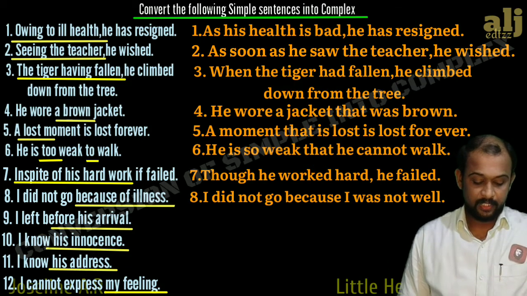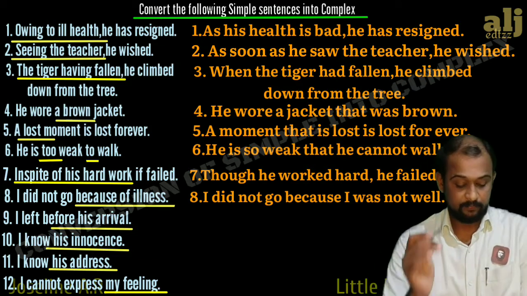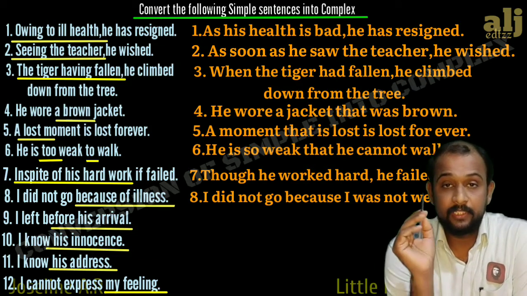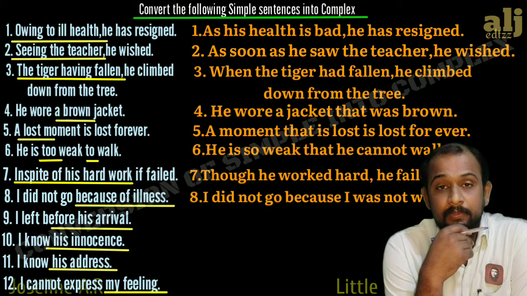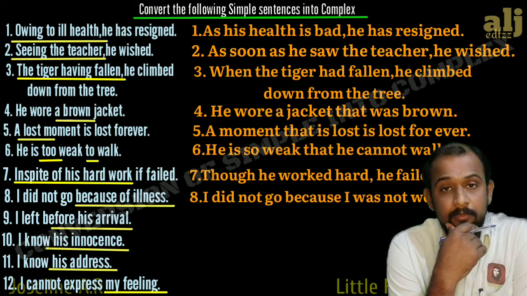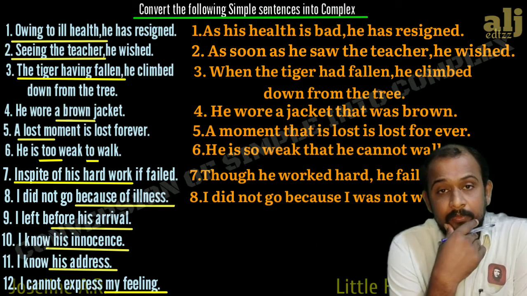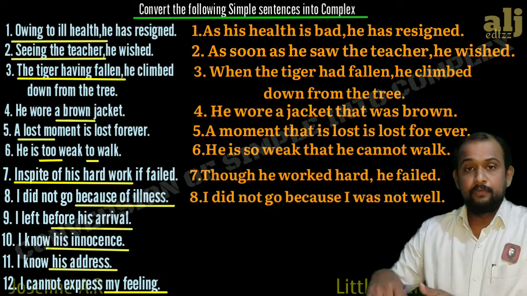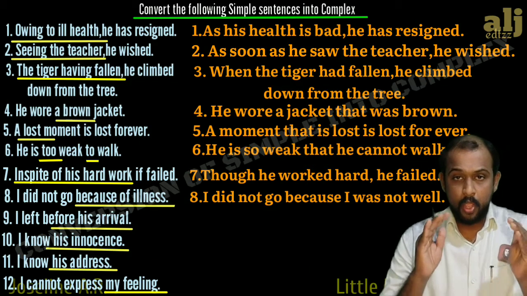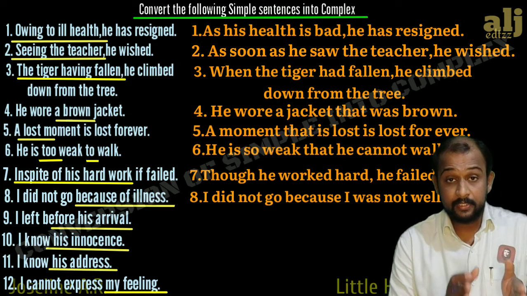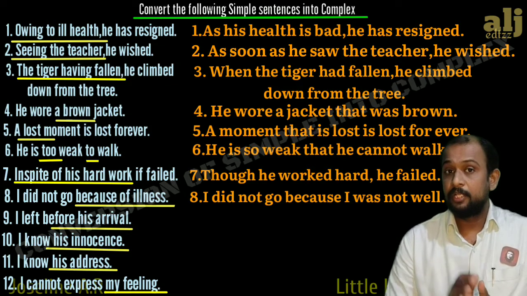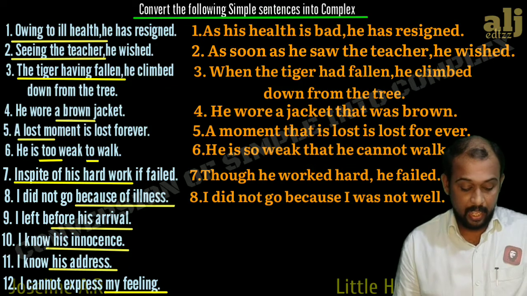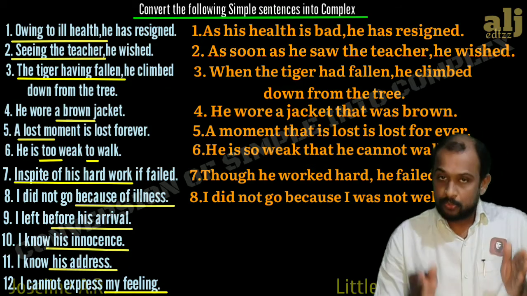Okay, next. I left before his arrival. The main clause is I left. Before his arrival is in fact a phrase. You have to convert this phrase into a clause. So I arrived, it is past tense. I left is past tense.